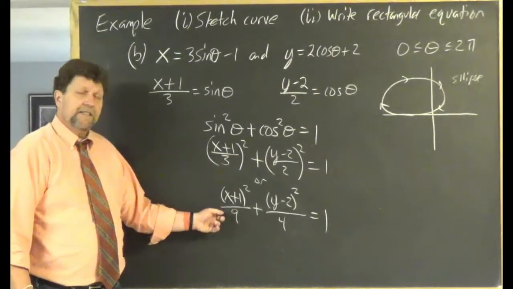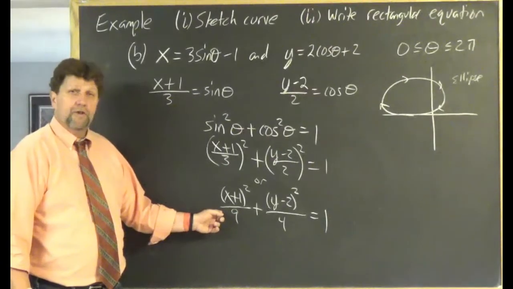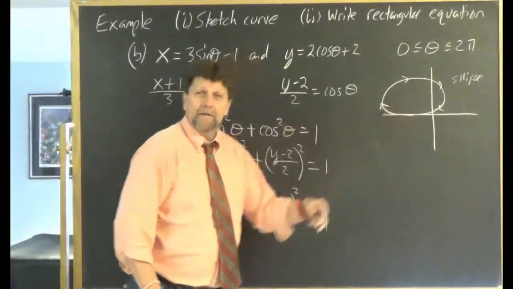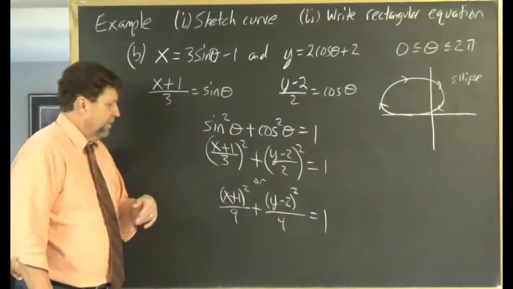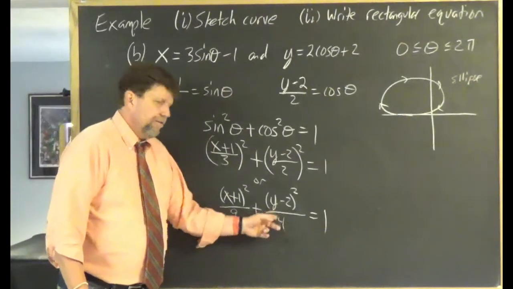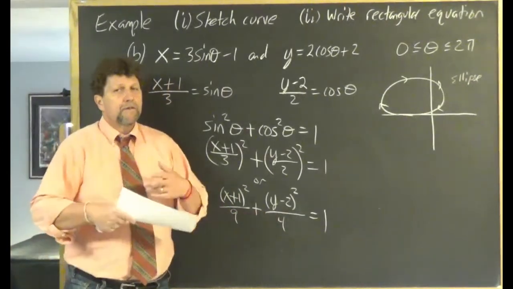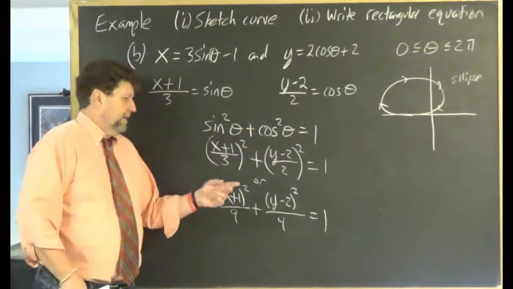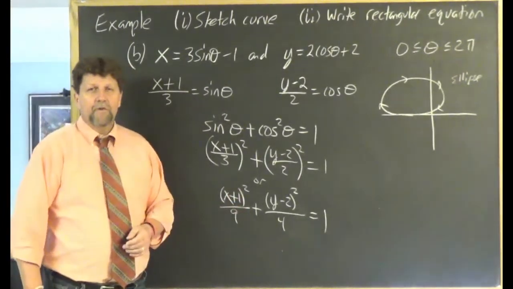The ellipse has a center at negative 1, 2. That doesn't look too bad. My drawing looks like it might be at negative 1, 2. 9 is 3 squared, 4 is 2 squared. So I'm kind of remembering some stuff about ellipses. That's the rectangular form for an ellipse.